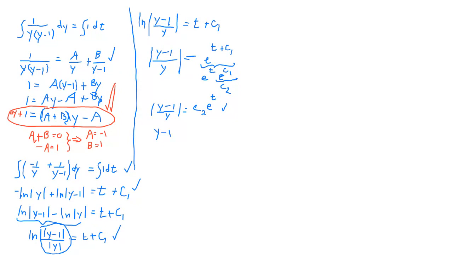So now we got to deal with the absolute value. So y minus 1 over y is going to equal plus or minus that C2 times e to the t. Okay?